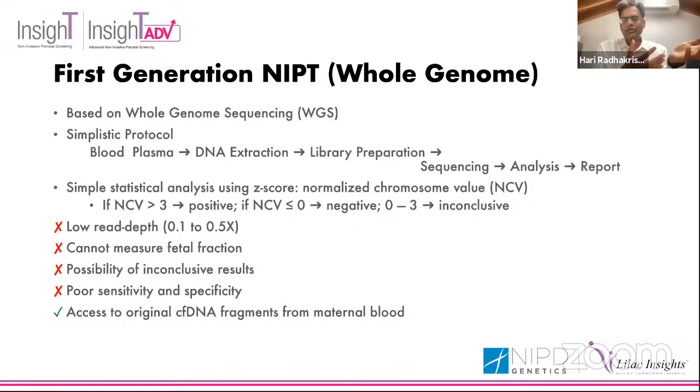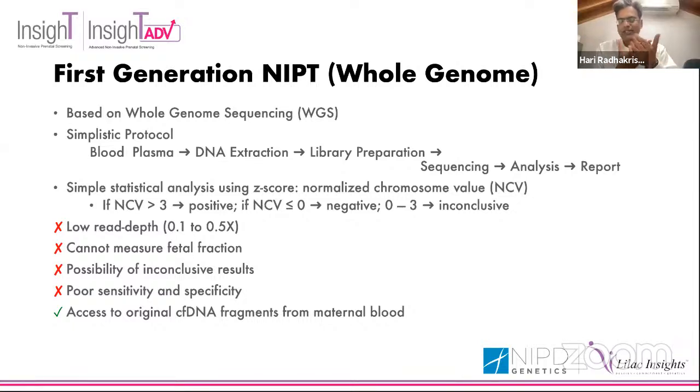The reason this comes into play is because the whole genome sequencing methods have low read depth. You're trying to read all the chromosomes in the genome, so you're not focusing on the chromosomes that are of interest to you. You spread all your reading over the entire genome, and you cannot measure the fetal fraction in an accurate way because it has a very low read depth.